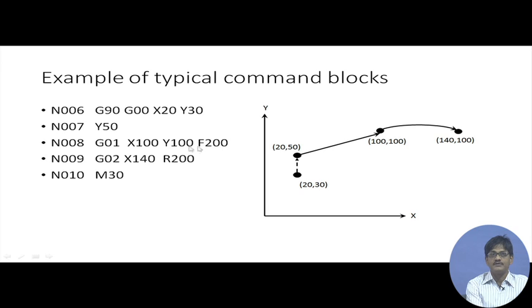So, it moves along this path until it reaches the point 100, 100, and the feed value for that motion, since it is G01, this feed value is mentioned. What if you do not mention this feed value in a G01 command? If you have previously executed a G01 or G02 command, or mentioned some feed value in a declaration statement, then it will adopt that value.